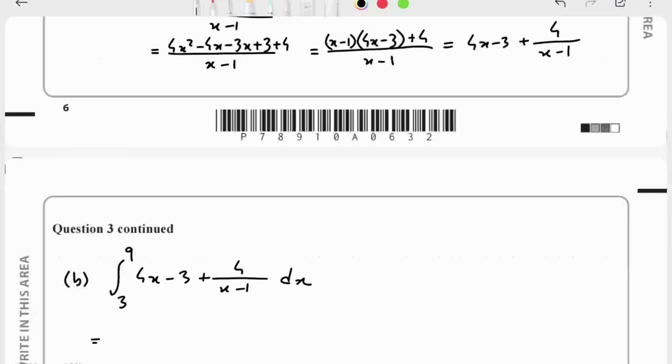So this is a very basic integral. 4x becomes 2x squared minus 3x plus 4 times ln of x minus 1.